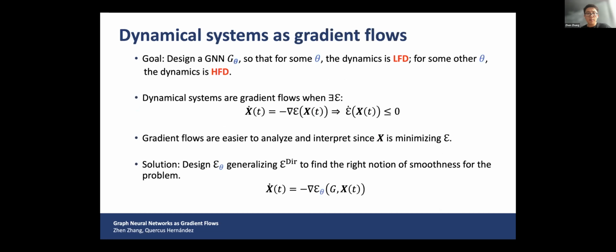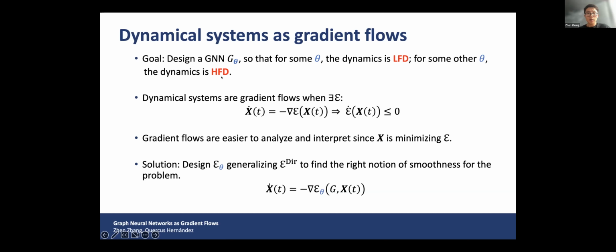Basically, their goal is to design an appropriate graph neural network such that for some of the weights, the dynamics is low frequency dominant, but for the rest of the weights, the dynamics is high frequency dominant.